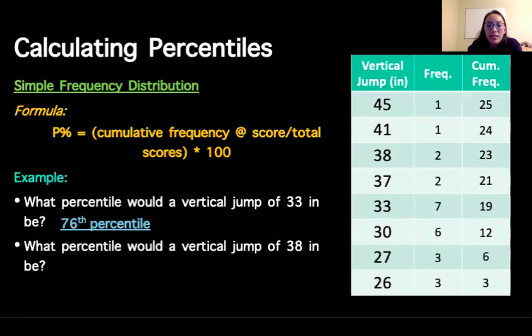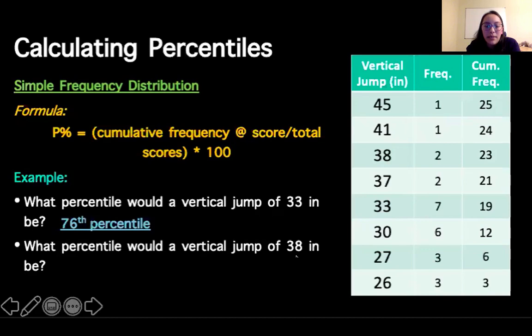But this 76th percentile is inclusive of all of these people. We just have to be specific when we say it includes someone who jumped 27 inches. So that's the within concept. But if we're saying this person is at a certain percentile, they have to have gotten the raw score of interest.